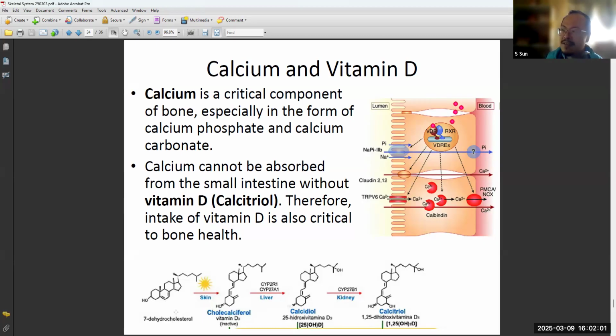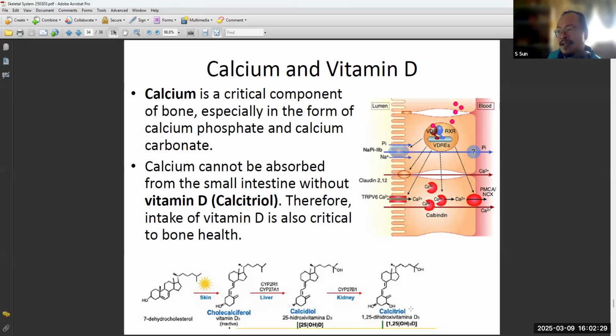But what you need to know is that sun exposure can allow your body to produce vitamin D. First, it will produce an intermediate form of vitamin D, and then through the liver and the kidney, it will convert it into the active form of that vitamin D.